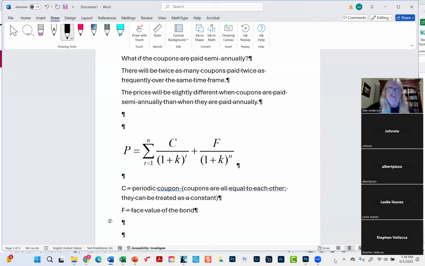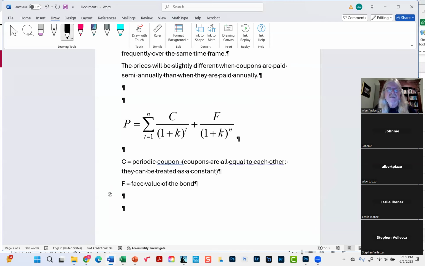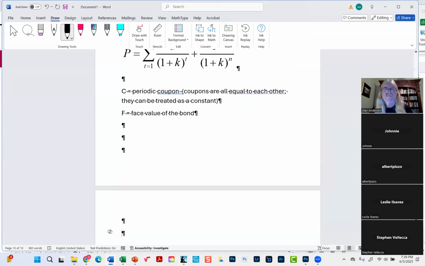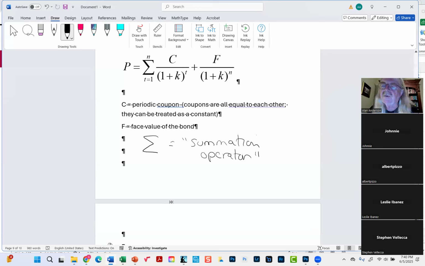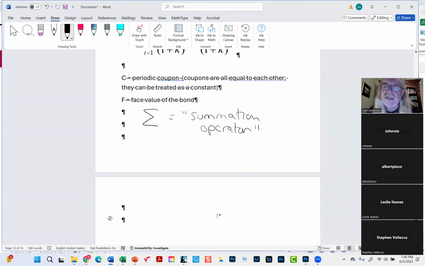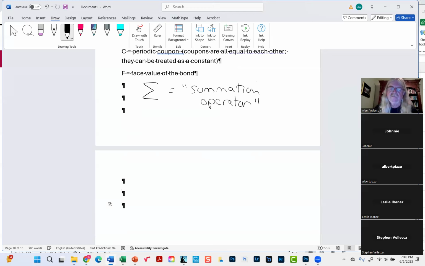Now this symbol, something we've seen before, I'm guessing, is known in math as the summation operator. This means we're being told to add something up. And there's usually an index attached to it.